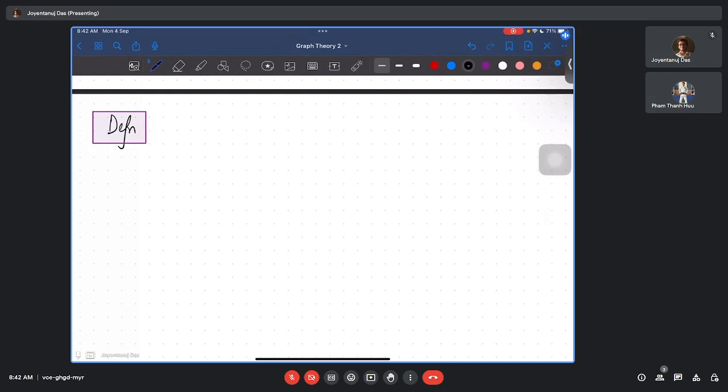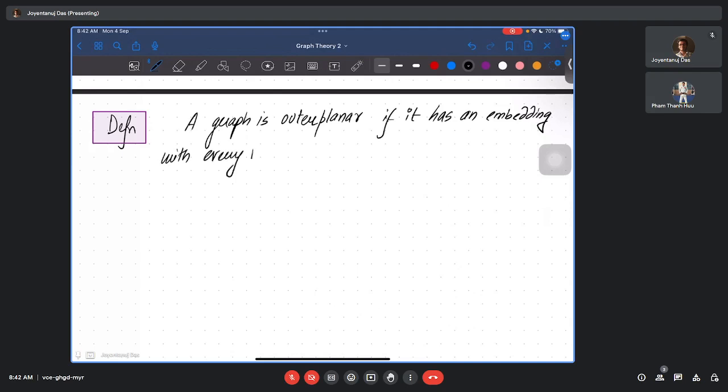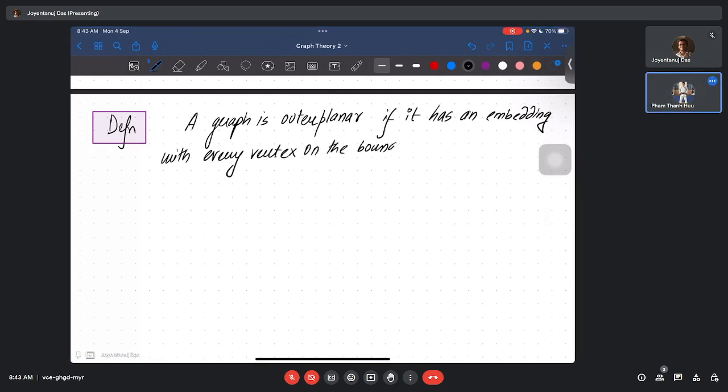What is an outerplanar graph? A graph is outerplanar if it has an embedding with every vertex on the boundary of the unbounded face.